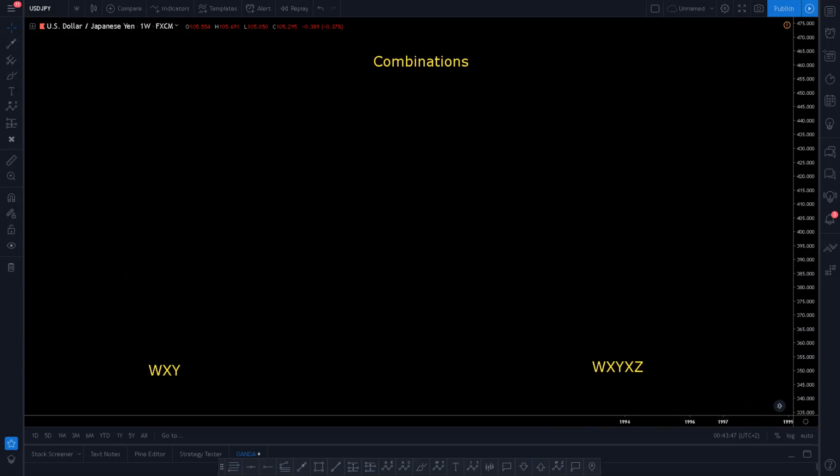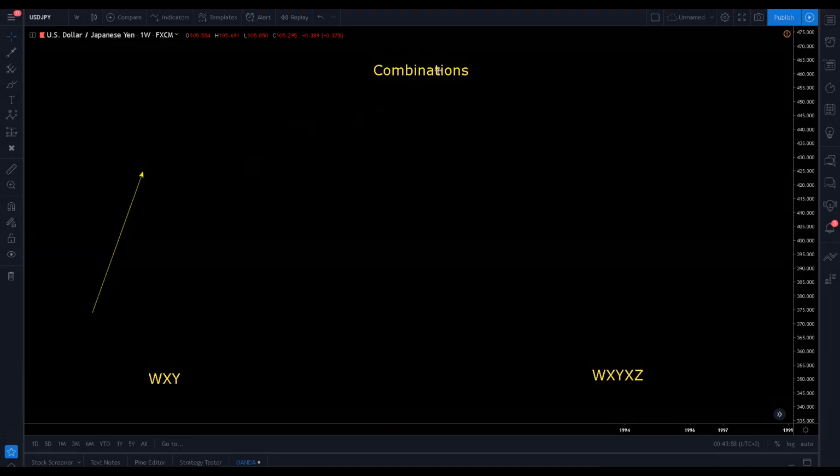Okay, so on a double three, you can have, okay, let me draw the trend. Okay, on an uptrend like this, you can start to have a flat correction. You can have a flat correction like this. And then when you're expecting this three-wave move to continue in the direction of the trend like this, it doesn't.